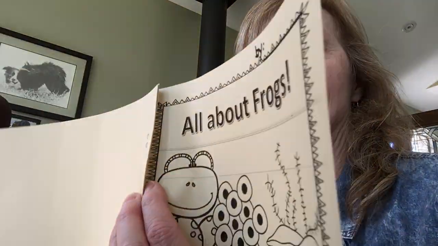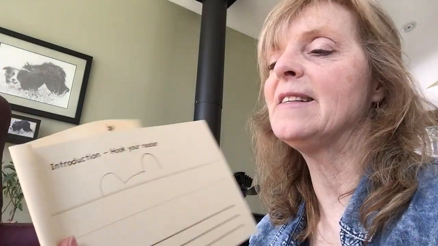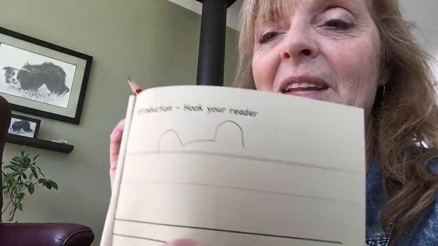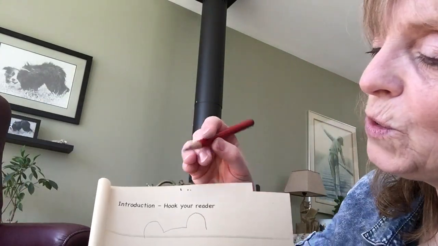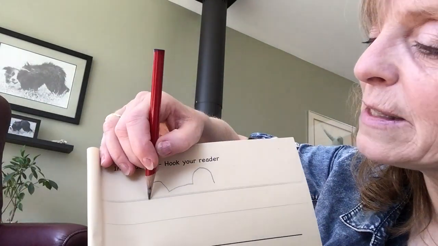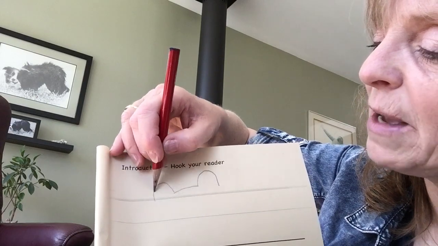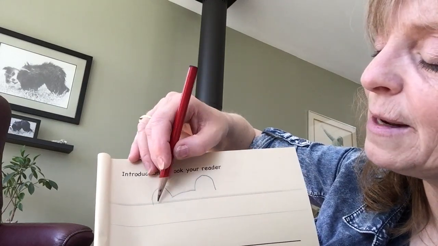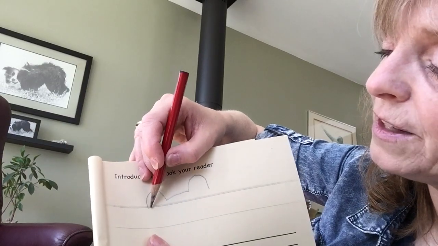So here's my introduction. This is my book, and my very first page says, Introduction, hook your reader. So the two things that you notice about a frog are the two eyes first. So I made an eye, and I joined the line in between. Then watch what I do.